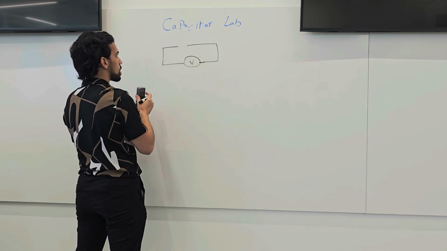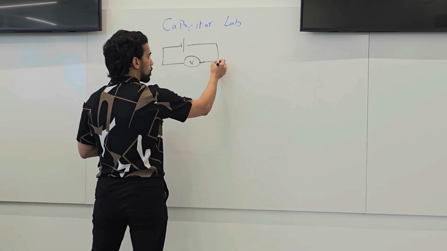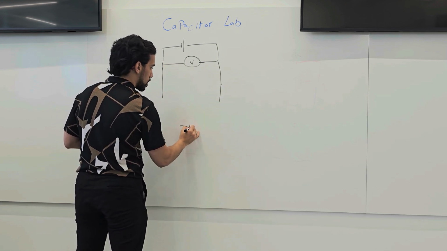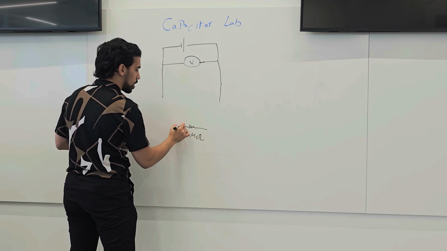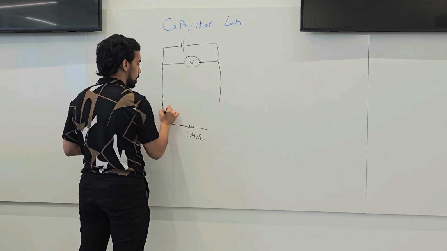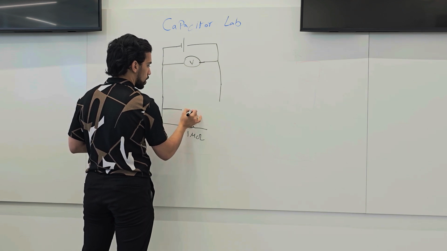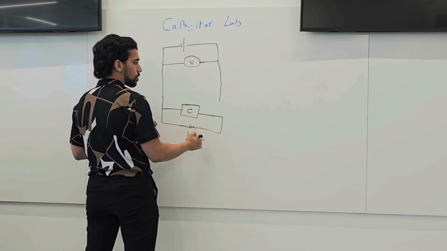Let's make it the same as the lab manual. Then we have here the first step. We're going to have a resistance of 1 mega ohm connected to the charge sensor device here. They are connected together.